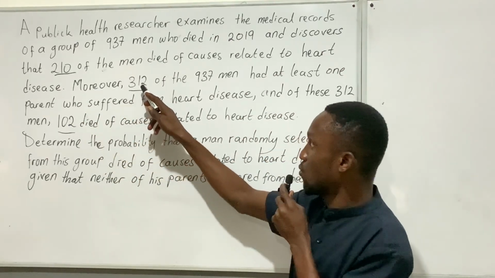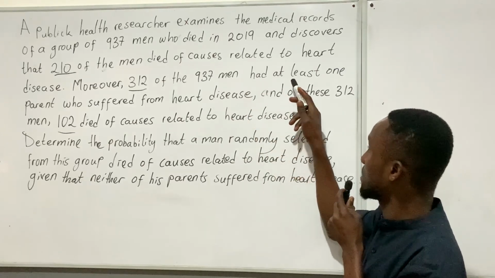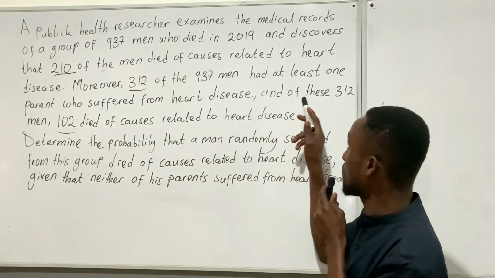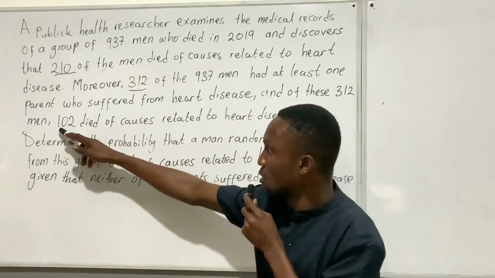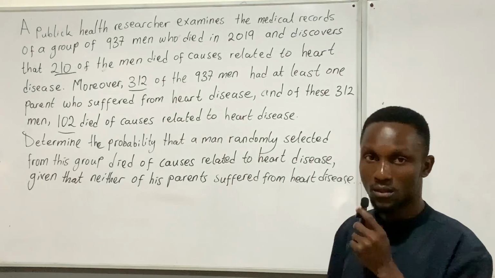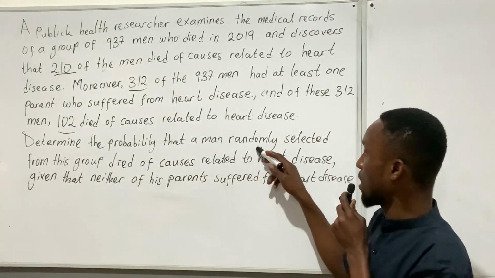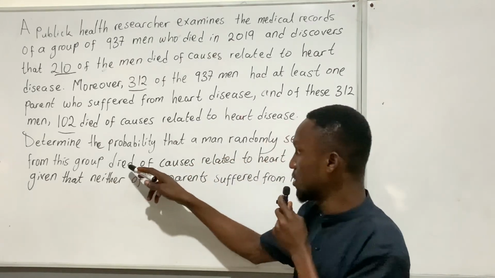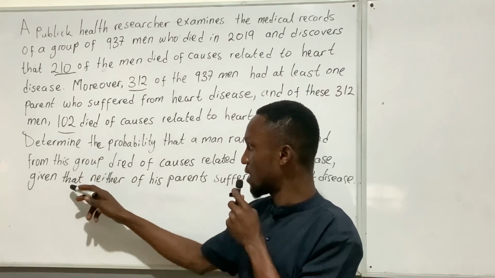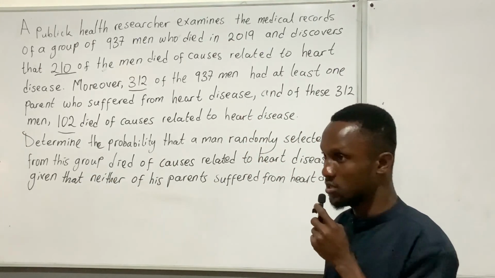Moreover, 312 of the 937 men had at least one parent who suffered from heart disease, and of these 312 men, 102 died of causes related to heart disease. The question is, determine the probability that a man randomly selected from this group died of causes related to heart disease, given that neither of his parents suffered from heart disease.